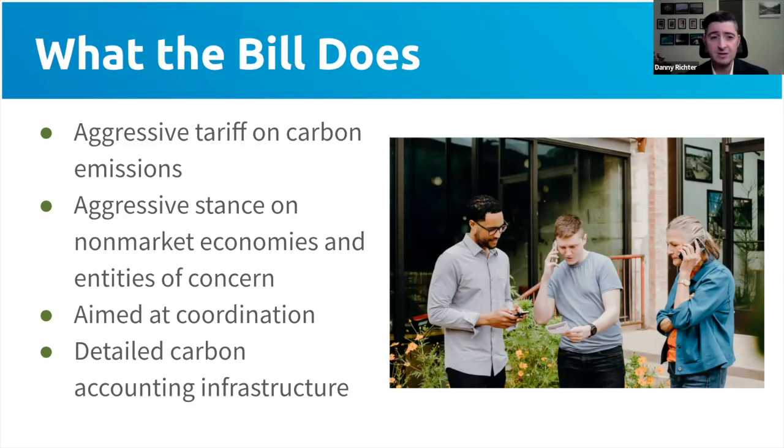It is very clearly aimed at coordination with other countries to try and achieve a global coordinated response to climate. And it calls for a detailed carbon accounting infrastructure. It's really kind of remarkable the level of detail it is calling for. And I'll talk about all of these points.